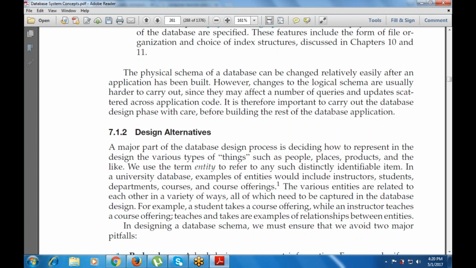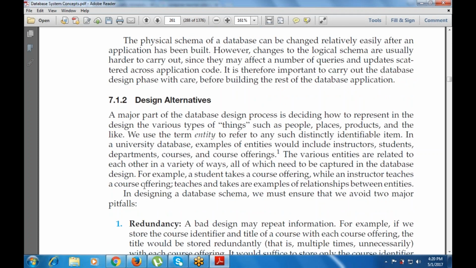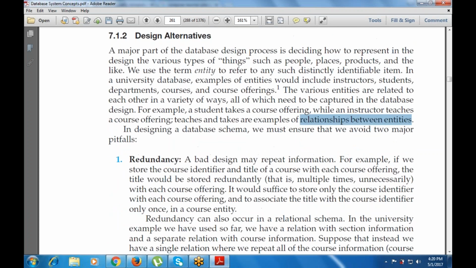We use the term entity to refer to any such distinctly identifiable item. In a university database, examples of such entities would include instructors, students, departments, courses, and course offerings. For example, a student takes a course offering while an instructor teaches a course offering. Those are examples of relationships between entities.